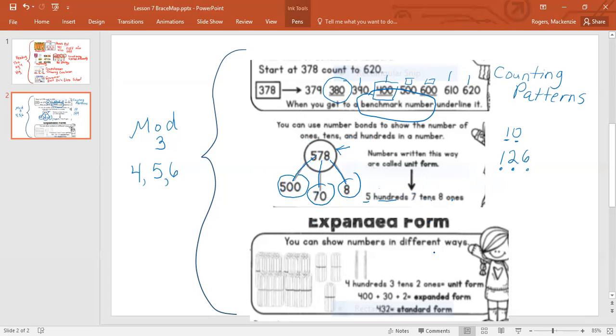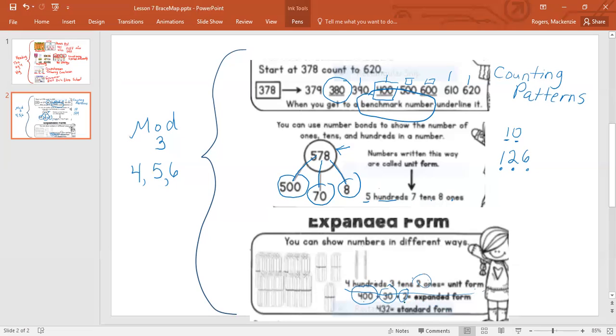So this number bond, we are also going to break down and learn about expanded form. Here's your unit form right here, where they say there are 4 hundreds, 3 tens, and 2 ones. That's unit form. Now we go into expanded form, where we say 4 hundreds is worth 400. 3 tens is worth 30. 2 ones are worth 2.